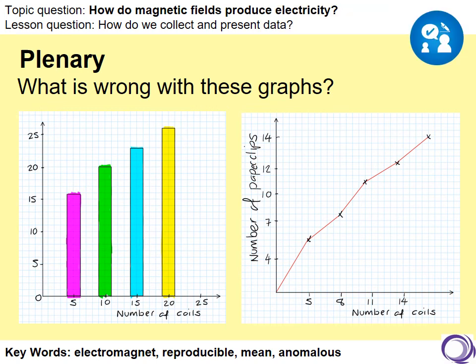Okay, so did you spot it then? So on the bar chart, apart from the fact that the colouring's a little bit messy, they'd also forgot to label the y-axis. So we know it's the number of coils, but we've no idea what that relationship is.